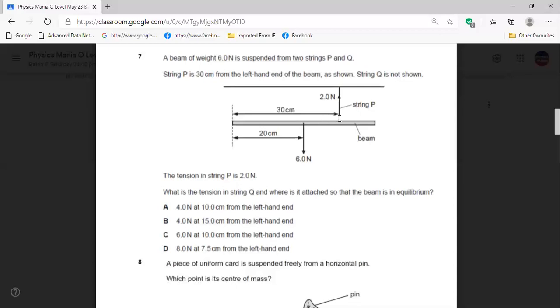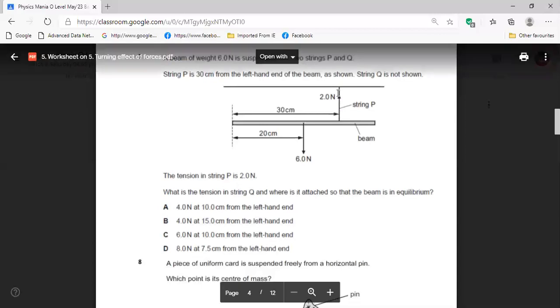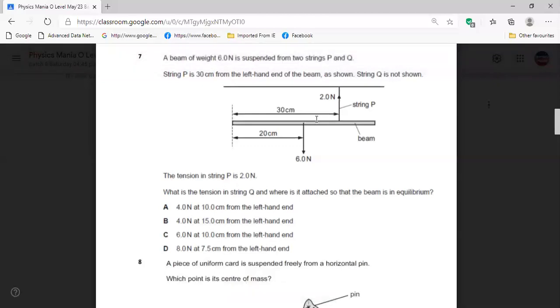Now we have here one moment, that is 2 Newton multiplied by how much? How much is the distance here?